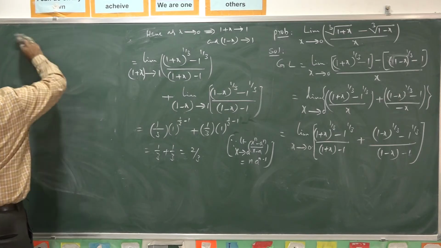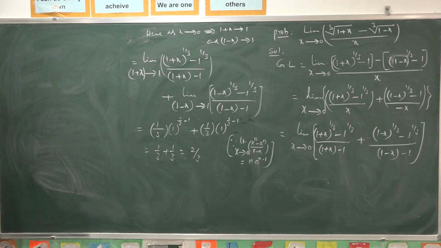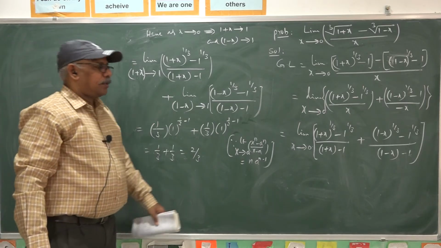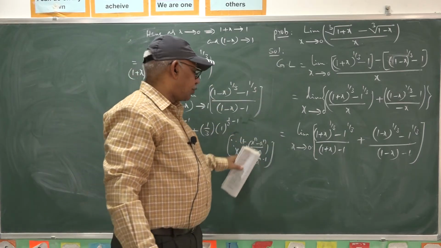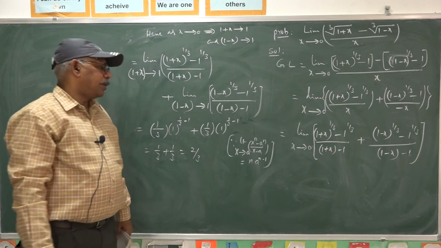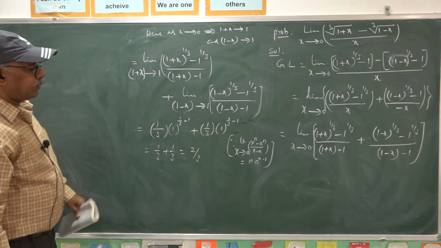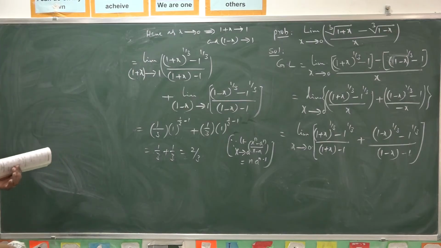Just a simple and skillful organization of terms in the numerator and denominator and reducing that limit to the required formula, and you can evaluate the limit with the help of that formula. That is the procedure that you can follow.